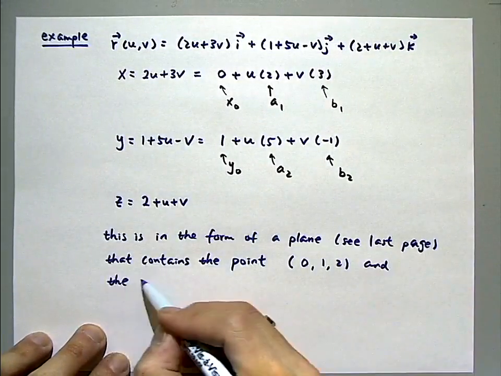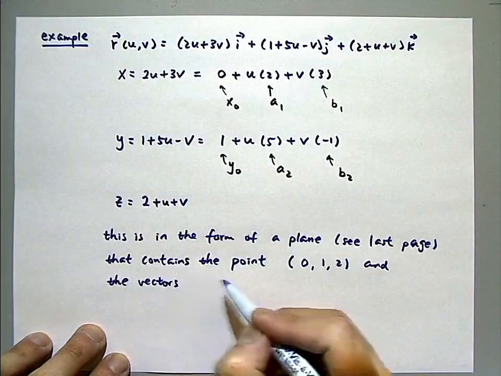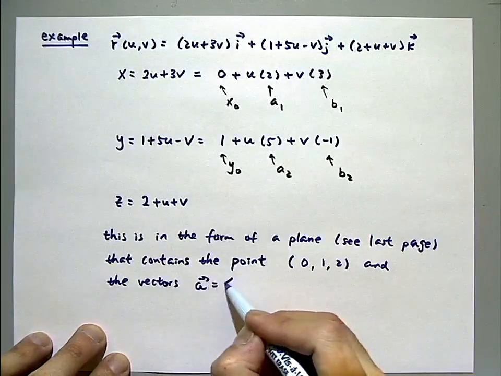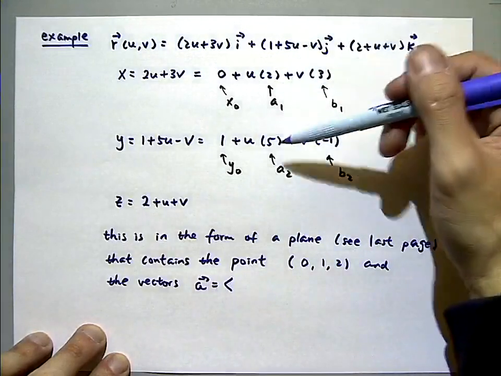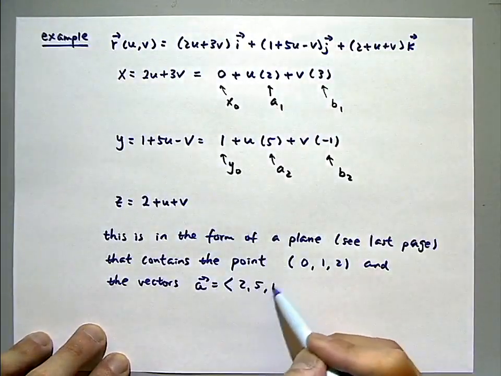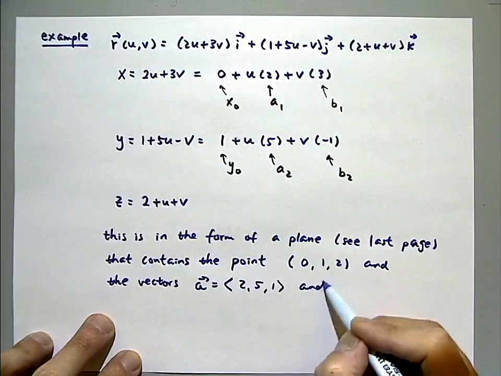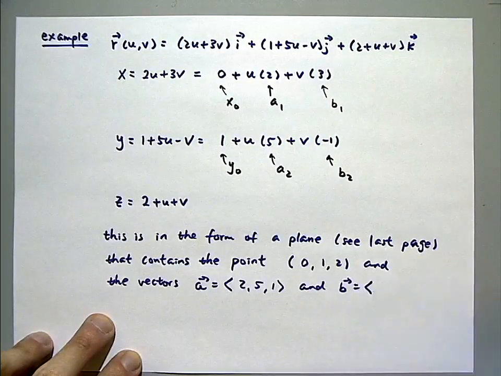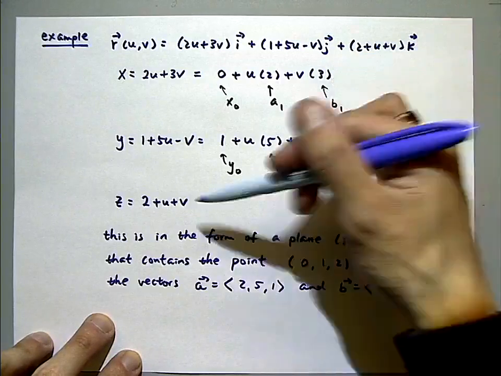And the vector A is equal to 2, 5, 1. And the vector B is equal to 3, minus 1, 1.